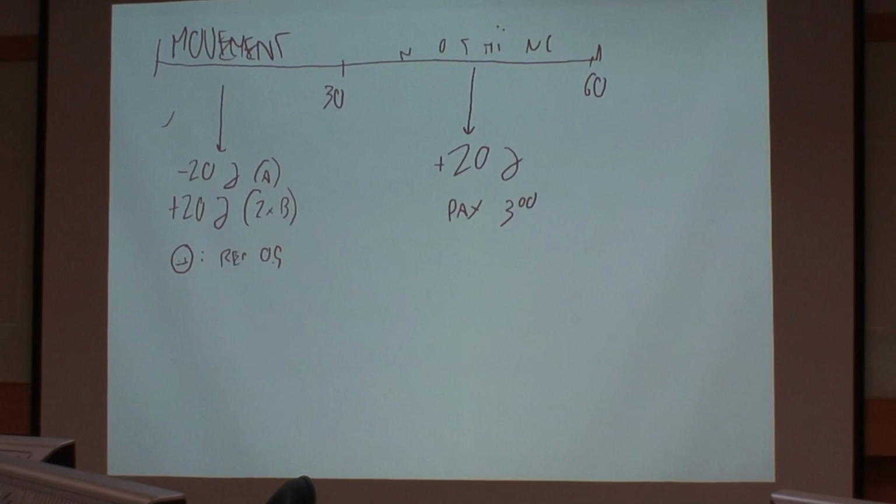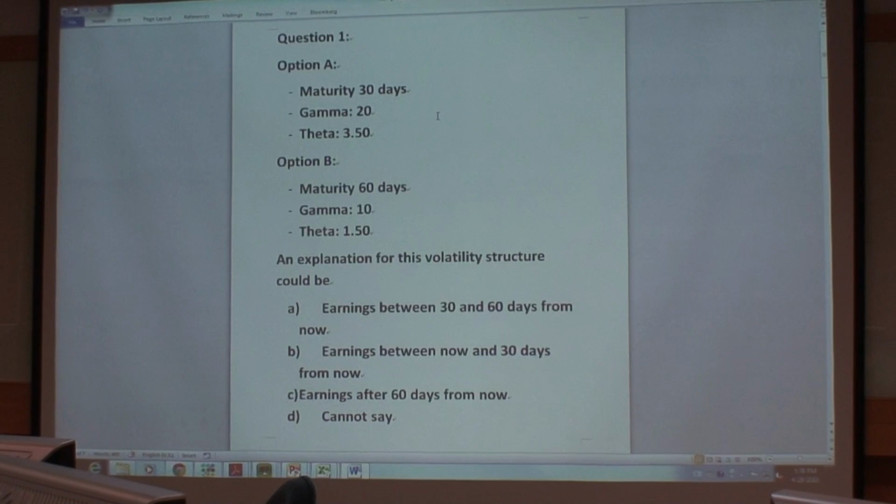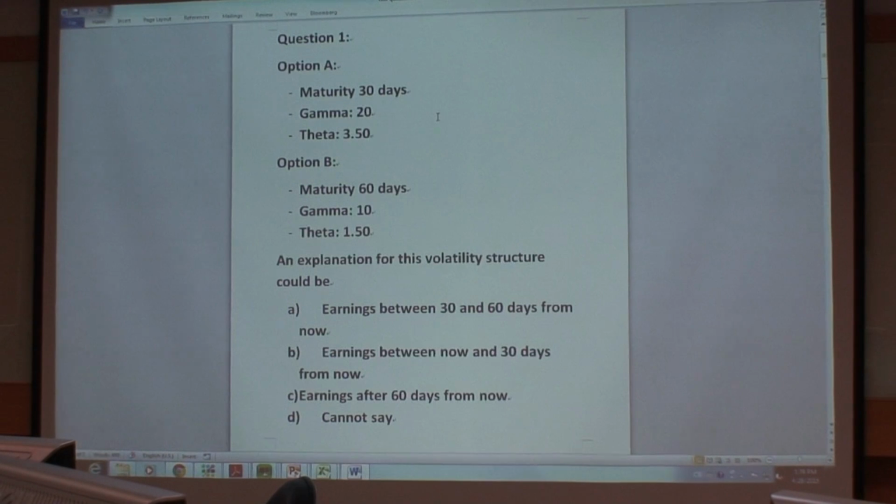So in this example, this only makes sense: the first 30 days will have a higher implied volatility, a lower gamma theta. The first 30 days will have a higher implied volatility than the first 60 days. So that can only be because that second set of 30 days has an even lower volatility.